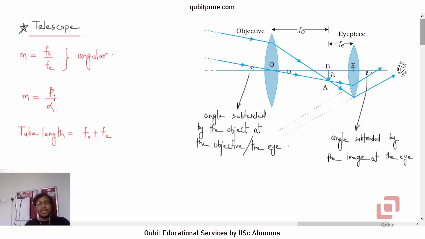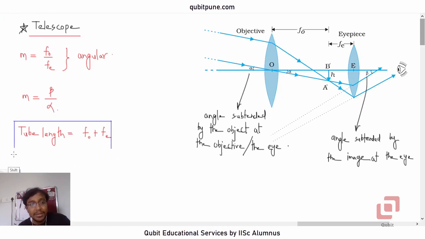It can be proved, by making some approximations, that beta upon alpha is FO upon FE, where FO is the focal length of the objective lens and FE is the focal length of the eyepiece.